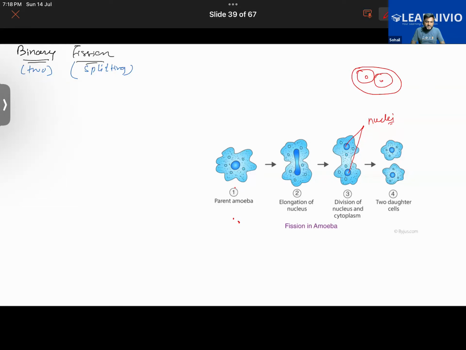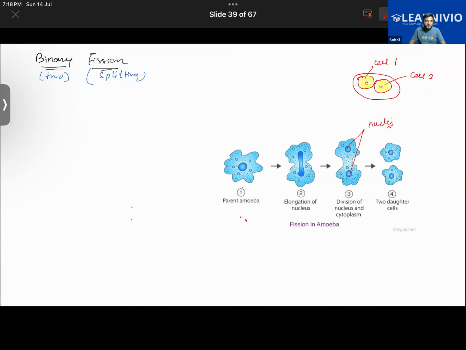Are you getting what I'm trying to say? They have their own cytoplasm. But here the cytoplasm is still common. It has not separated yet. So it wouldn't be appropriate to say that it's a multicellular organism at that stage. Is that clear?